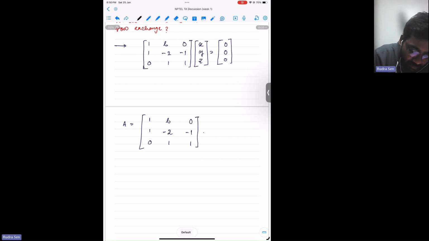The first row operation we require is changing row 2 to row 2 minus row 1. So what matrix do we get? 1, b, 0; row 2 minus row 1 gives 0, minus 2 minus b, and minus 1; and then 0, 1, 1.